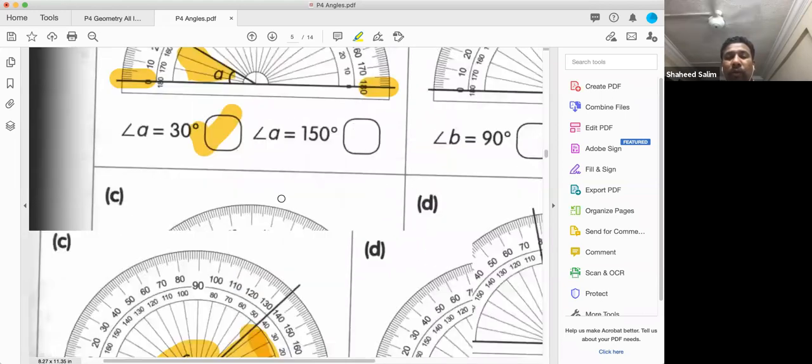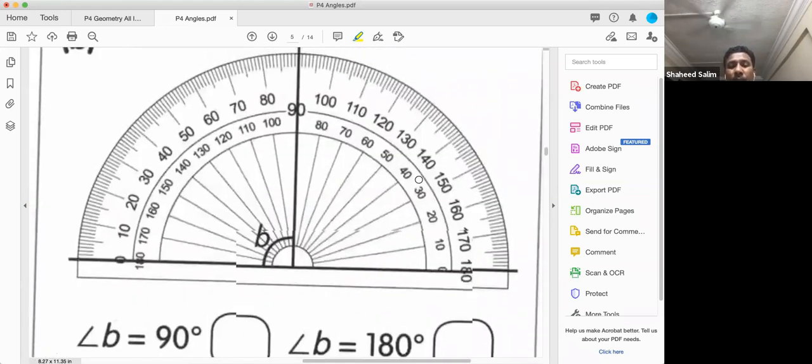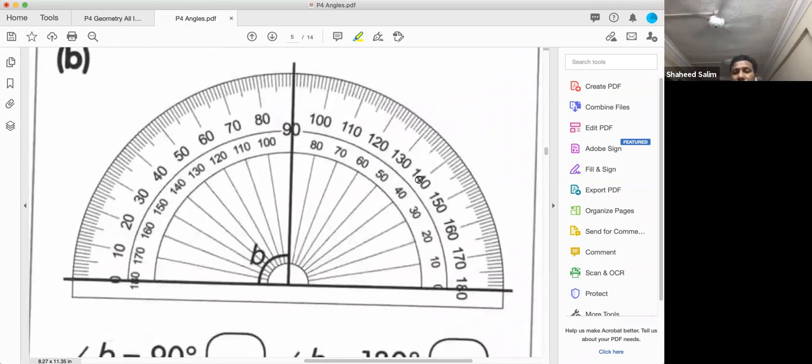Here we go. Very quickly, what is the angle B? Very easy, very easy. Come on, come on. Oh, we have someone really giving the answer. Congratulations, Mr. Putra. What about the rest? Shafia, come on.